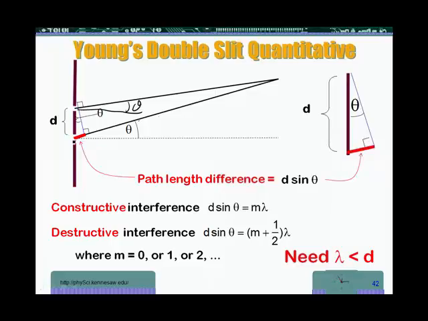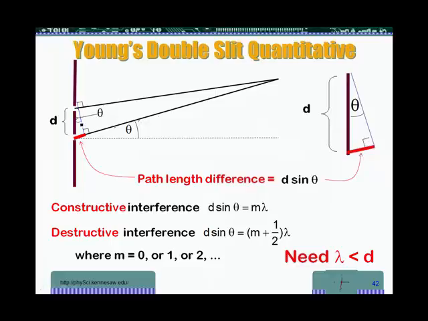That's the first approximation, which is a very valid approximation because this distance is very tiny compared to this distance. Now, once we agree on that, what's the difference in length between the top path and the bottom path? The difference in length is this little bit here that's labeled in red.